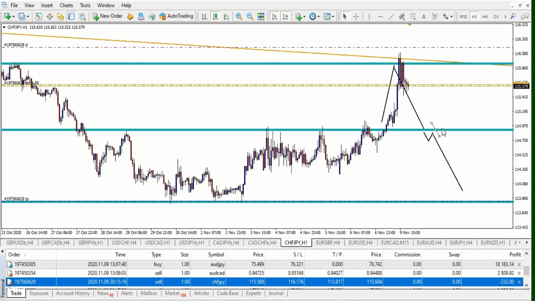Cool, so if the market breaks and retests, I'll enter somewhere there. If it doesn't, it doesn't. But at this point in time, this is looking like a good trade.